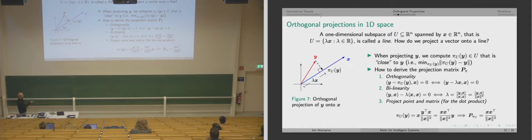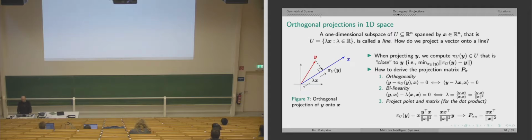Also, as I think I mentioned, the Penrose pseudo-inverse is something that you just have to memorize at some point. I think this formula you should also memorize. That's an important result: the outer product of the basis vector divided by the squared norm of the vector. This should be known.